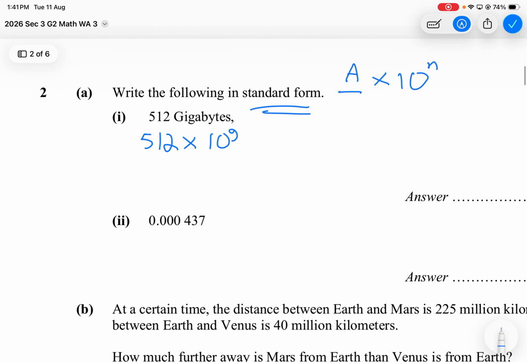So 512, I must change it to 5.12. I move the decimal point 2 times. So 512 itself is 5.12 times 10 to the power of 2. Multiply 10 to the power of 9 is still at the back.